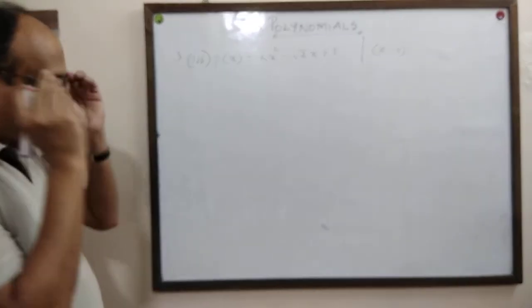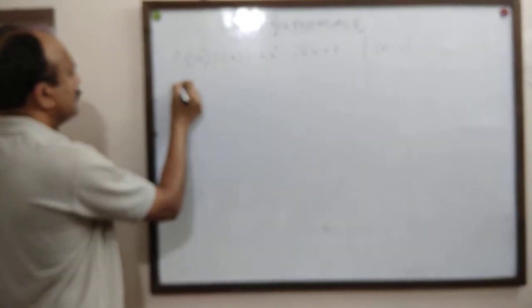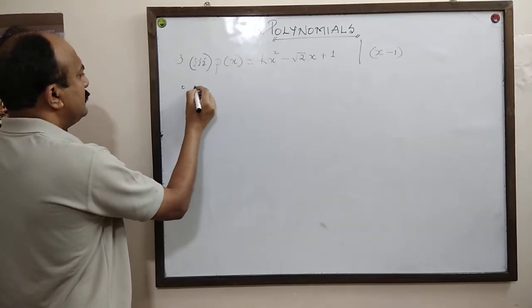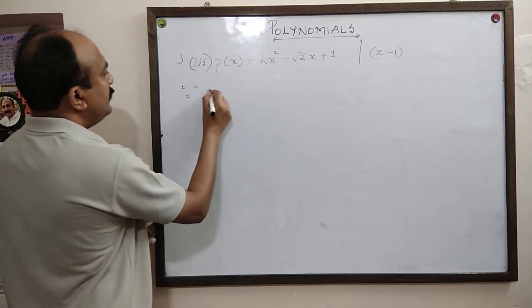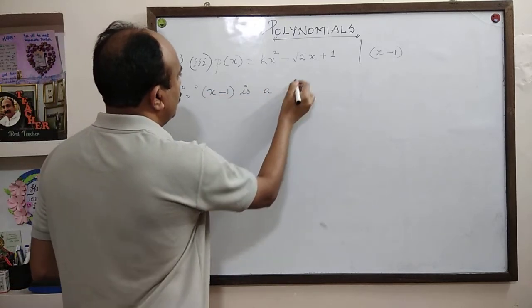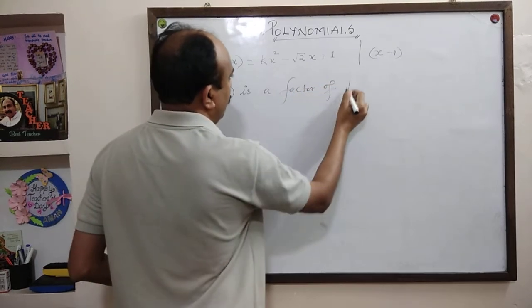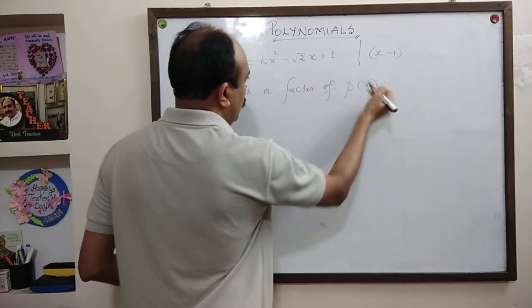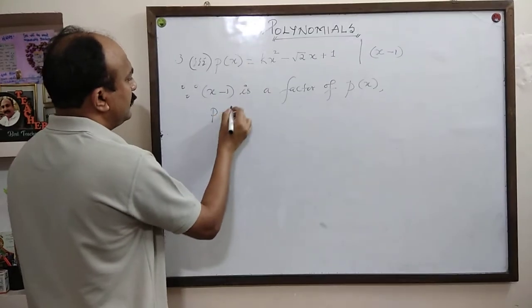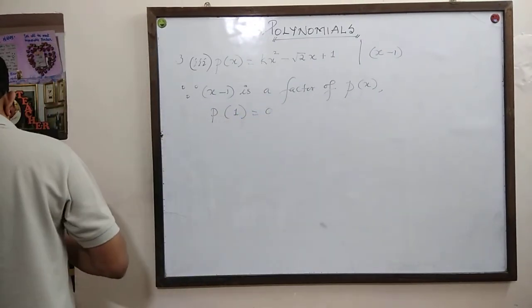Okay, same thing. Since x minus 1 is a factor of P(x), using the factor theorem we can say P of 1 is equal to 0.